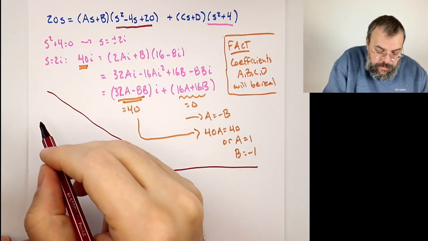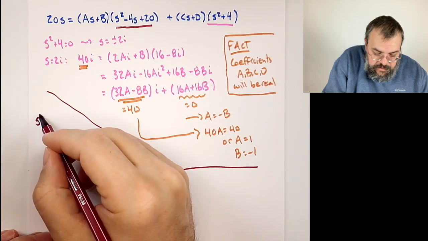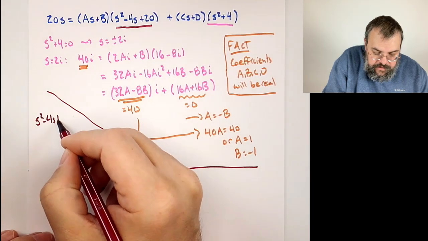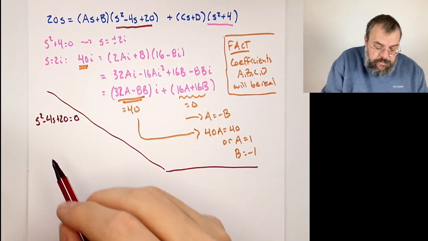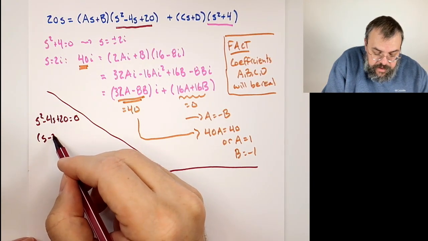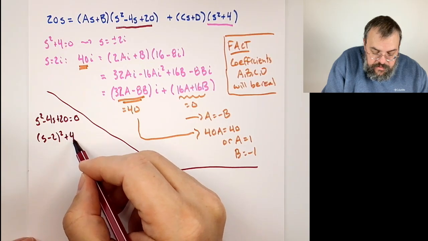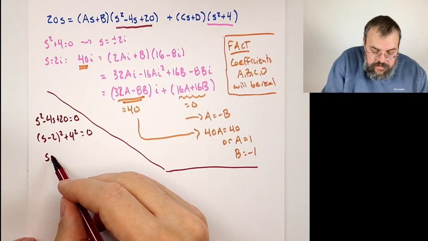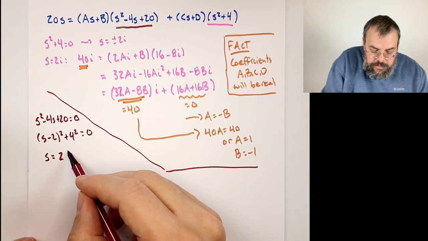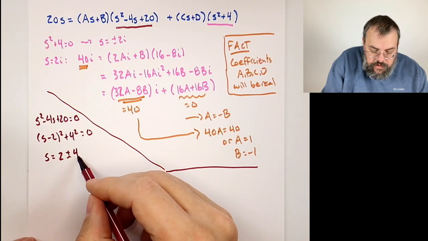So if we want to have s squared minus 4s plus 20 equals 0, well, remember, this was the same as s minus 2 squared plus 4 squared. And so we get that s would be 2 plus or minus 4i.